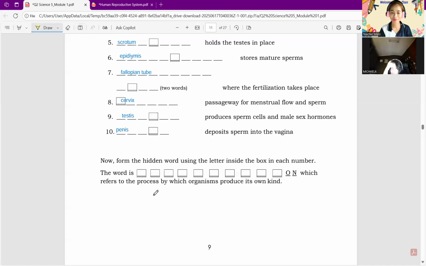It is organisms producing its own kind, or copying for the same kind.